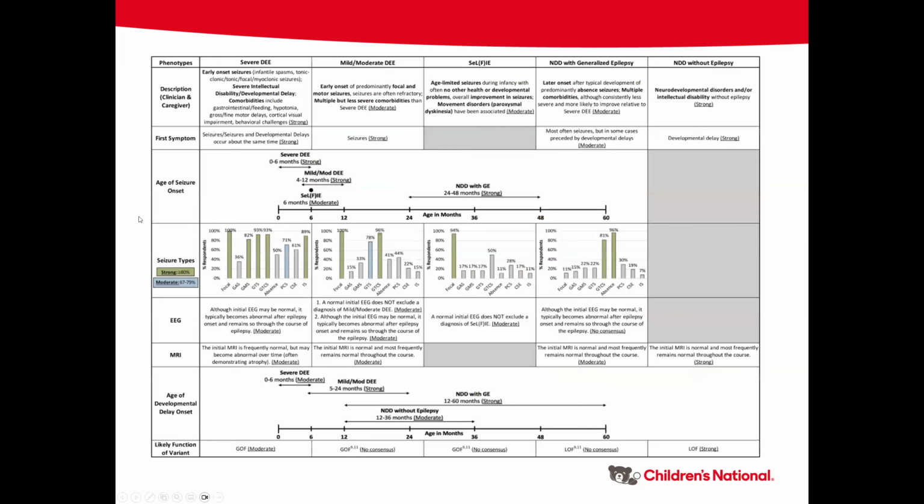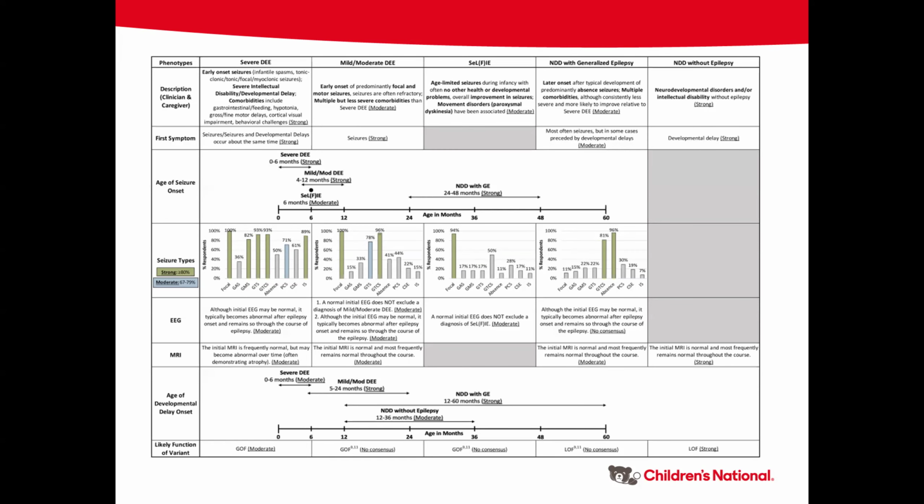Might be a bit hard to see here, but this goes over the phenotypes and the likely functional effect. So again, there was a reasonable consensus on the existence of these different phenotypes, ranging from severe developmental and epileptic encephalopathies down to the self-limited focal infantile onset epilepsy, and then neurodevelopmental disorders, either with or without epilepsy.